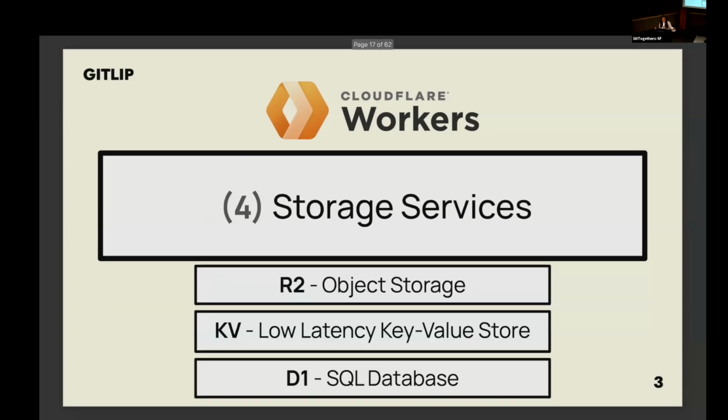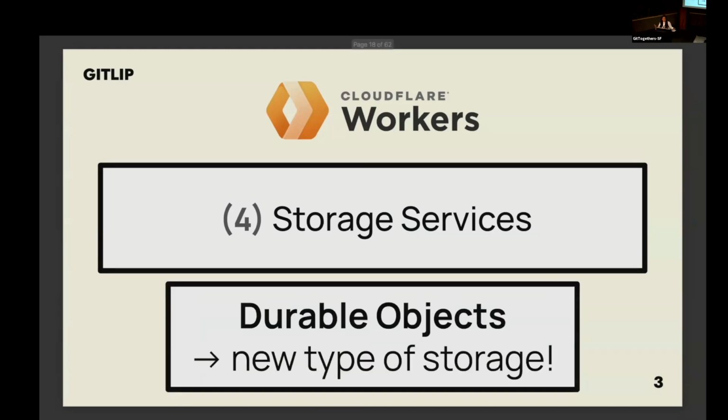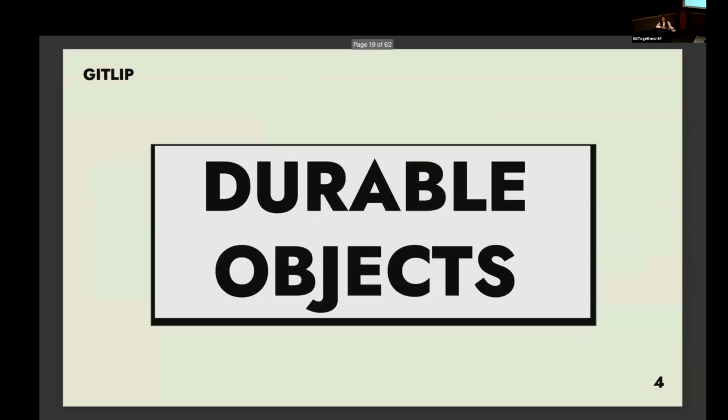It provides storage services, similar to other cloud platforms. Cloudflare has R2 for object storage, KV, a low latency, globally distributed key-value store, and then D1, a SQL database based on SQLite. But most interestingly, Cloudflare has introduced a new type of storage, which is perfect for serverless, and that is durable objects.